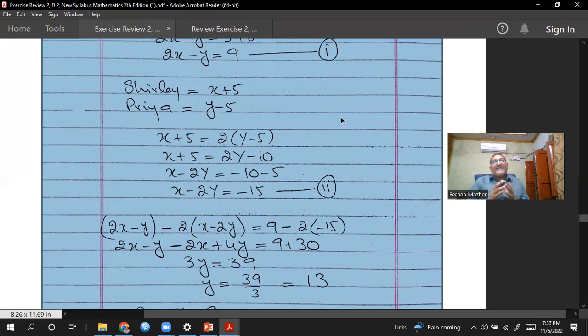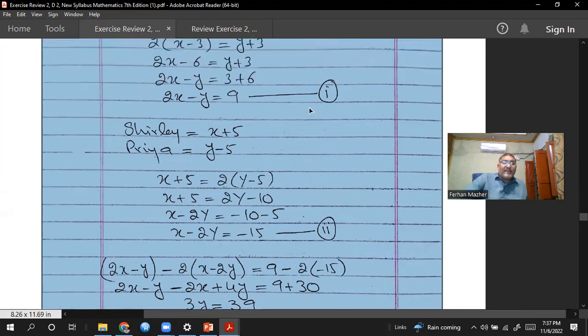Shirley will have two times the money Priya has. So X plus 5 equals 2 bracket Y minus 5. So X plus 5 equals 2Y minus 10. So x minus 2y equals minus 10 minus 5. So x minus 2y equals minus 15.